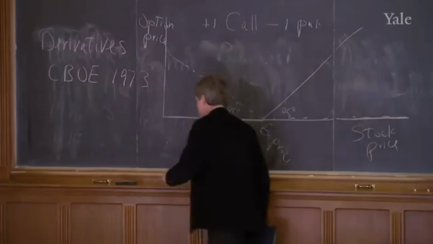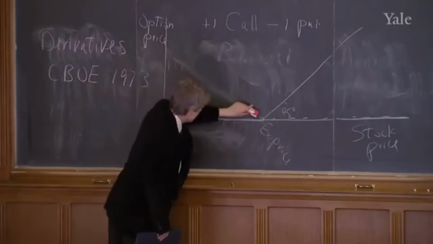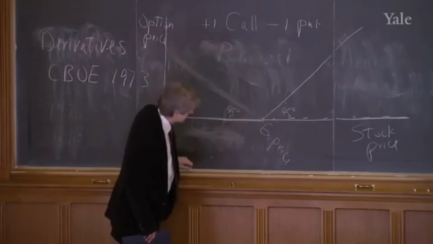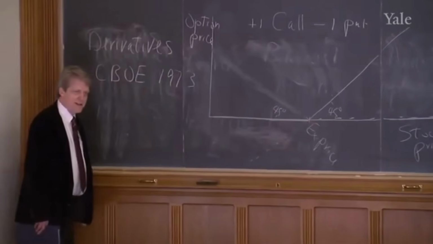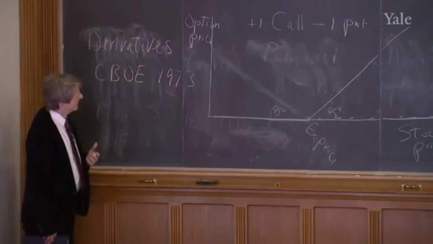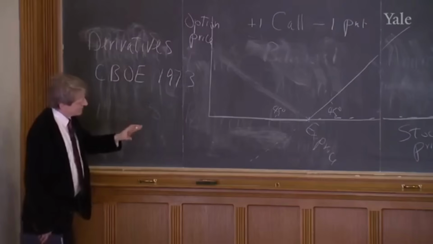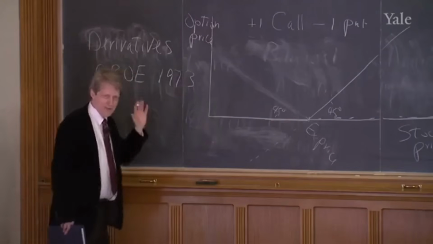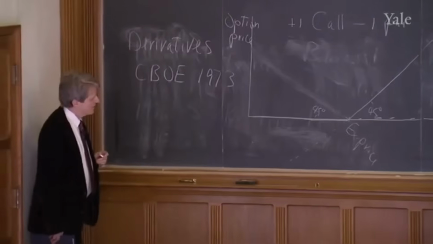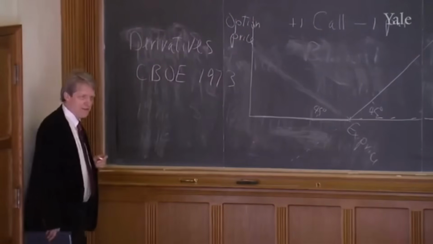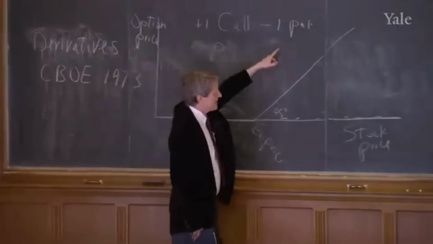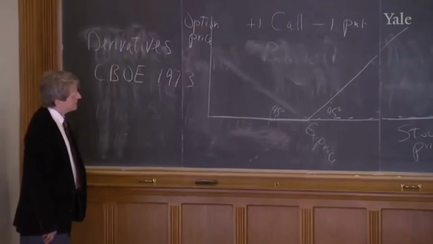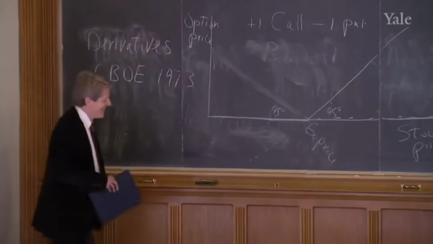All right? Well, my portfolio relation to the stock price is going to look like that, right? It's just going to be a straight line. So the value of my portfolio is equal to the stock price minus the exercise price. Simple as that. And my portfolio can be negative now because I've shorted something. I can have a negative portfolio value.